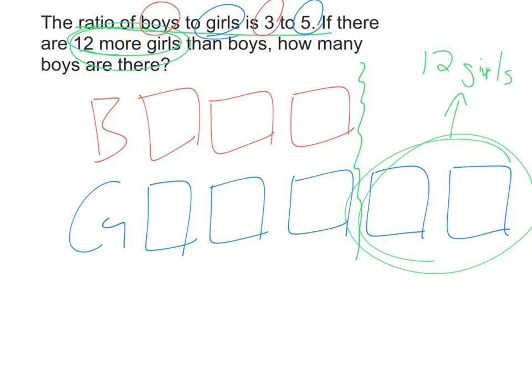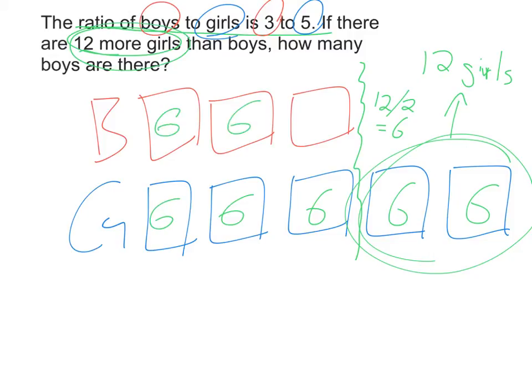So if both of these 2 boxes represent 12 girls, then we know that 12 divided by 2 is going to be 6. So each one of these has to be 6. 6 in here, 6 in here. That would make 12. Since those boxes are 6, we know that the rest of the boxes are 6. And the question just wants to know how many boys are there.